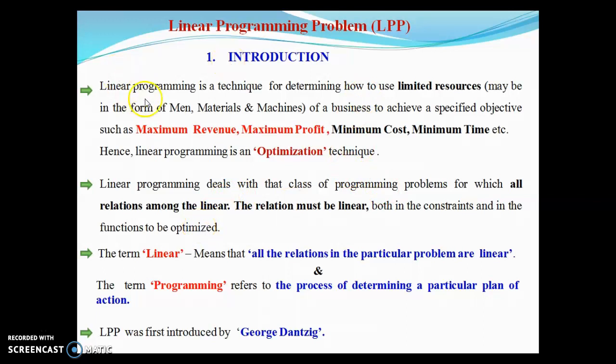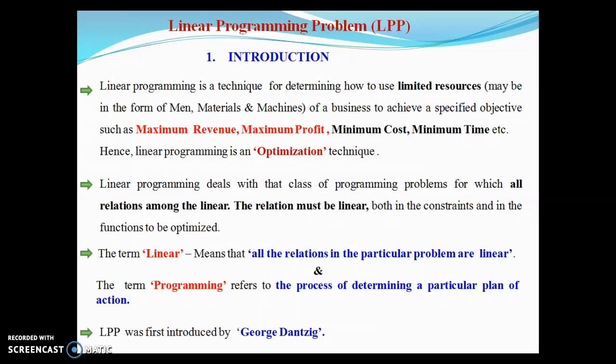Or linear programming is a technique of determining how to use limited resources of a business to achieve a specified objective such as maximum revenue, maximum profit with minimum cost, minimum time.